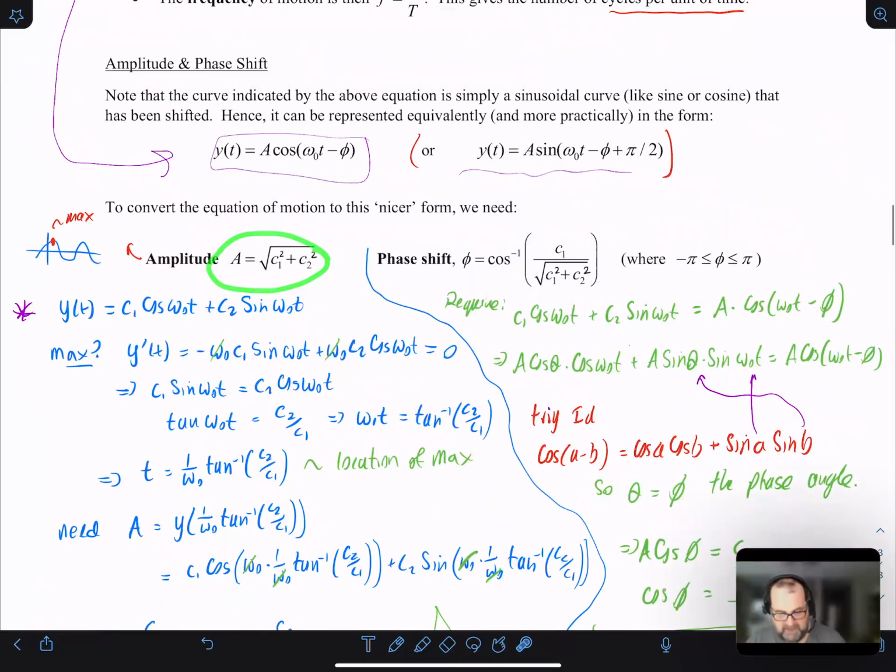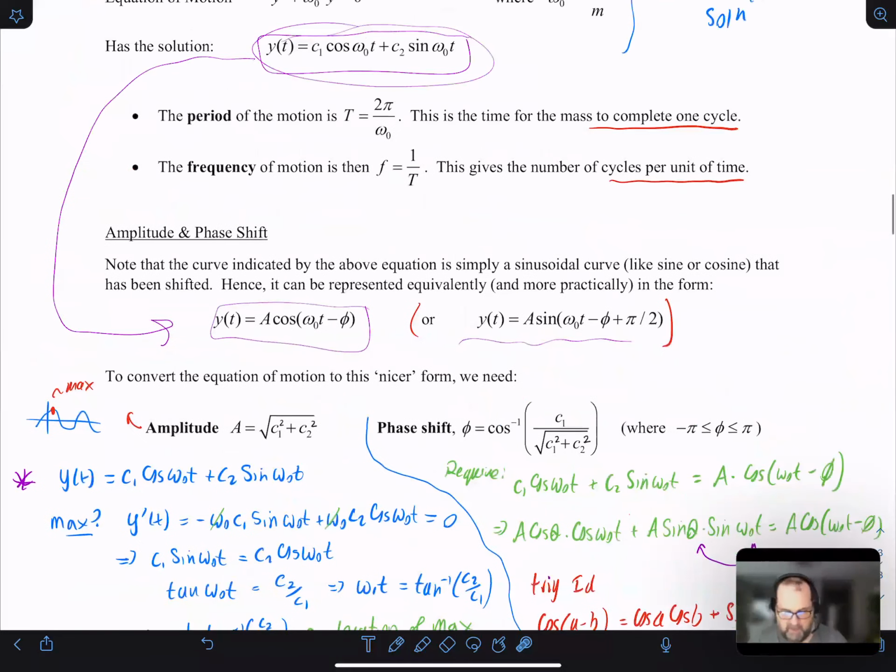So once we have the amplitude, we can plug it in if we want to. The other thing we need to come up with to make this equal to the original equation of motion is the phase shift. That is, how do we shift sine or cosine over so that it matches up with the cosine plus sine version of it?